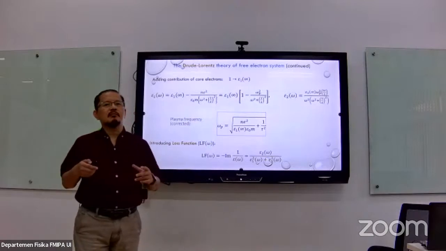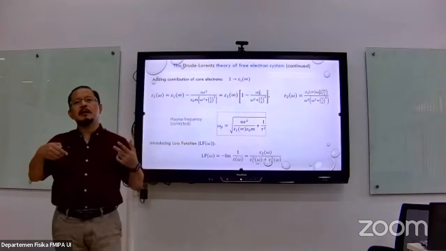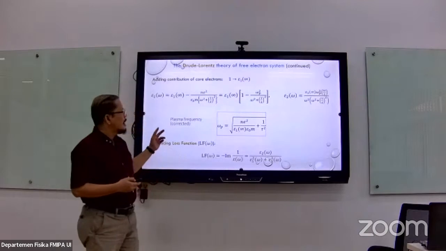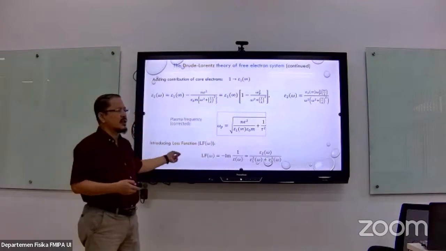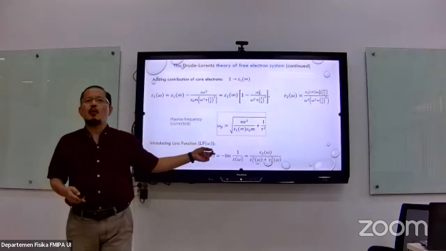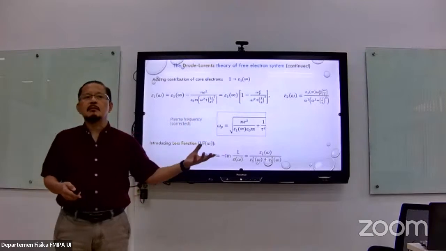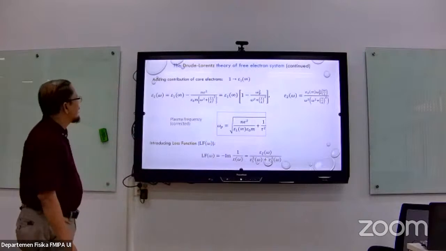Since every oscillation can always be viewed quantum mechanically as something that behaves like particles, later on we will call the plasma oscillation a plasmon. So this loss function is basically quantifying whether or not our system has plasmons.